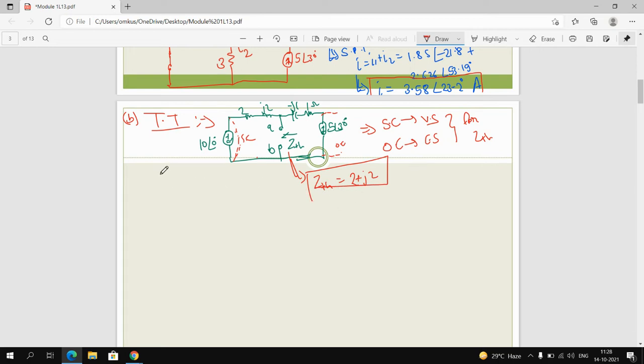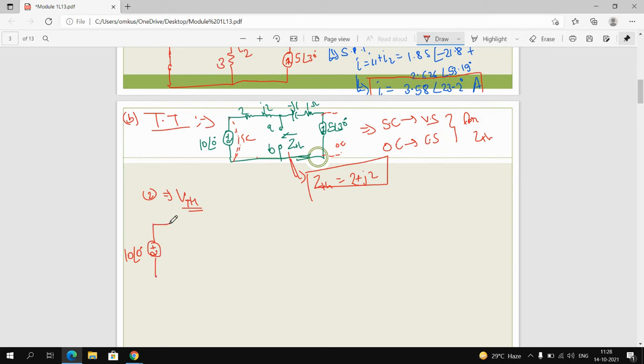And what's the second step? Second step, or you can say the third step, is finding the VTH. How will you find VTH? You need to calculate the current flowing from this side. Now see how to calculate this VTH.